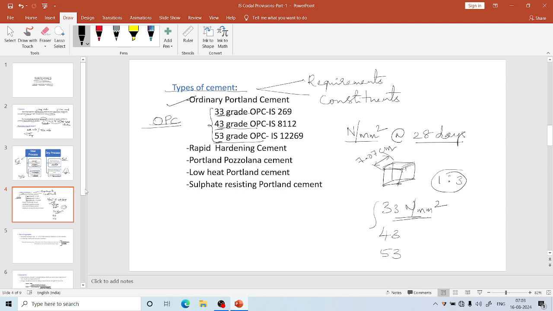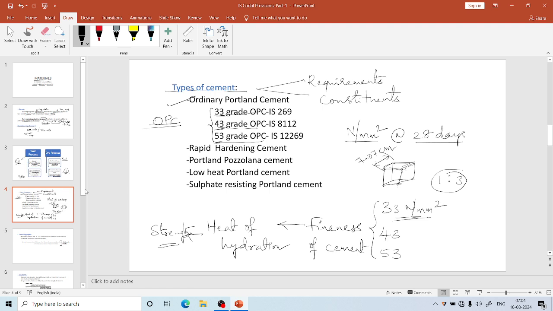This compressive strength depends mainly on the fineness of the cement. If fineness is more, heat of hydration is more, and if heat of hydration is more, the strength gained is more.